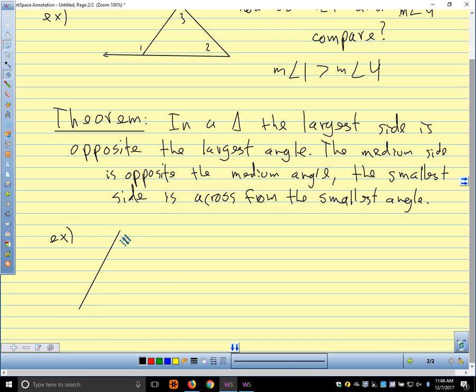So here's my triangle here, and these are not to scale. All right, so in this triangle, what we want to know is which is the largest angle.